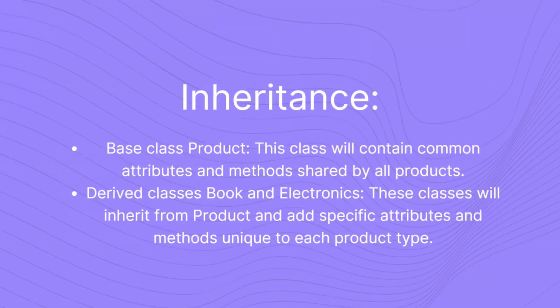First is inheritance, the base class Product. This class will contain common attributes and methods shared by all products. Number two is the derived classes Book and Electronics. These classes will inherit from Product and add specific attributes and methods unique to each product type.